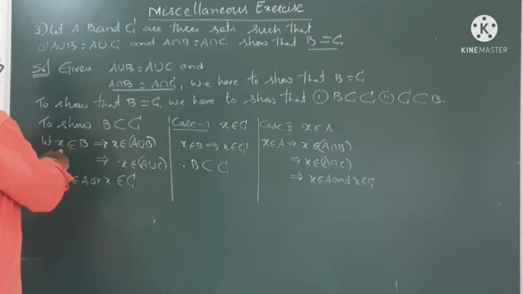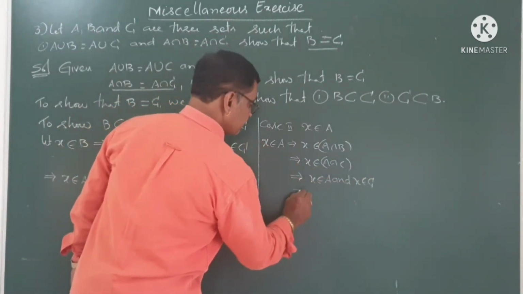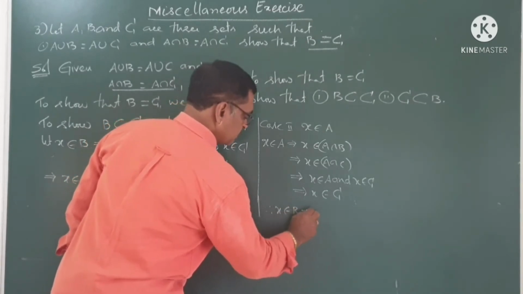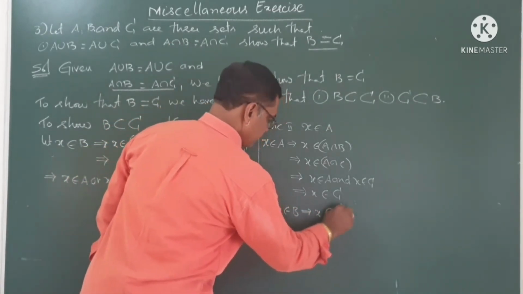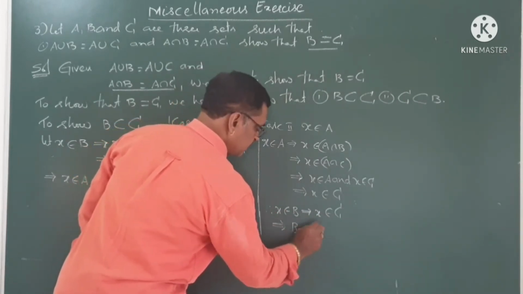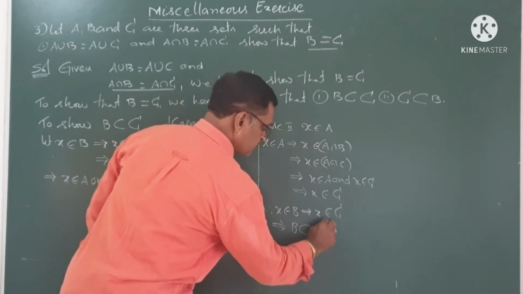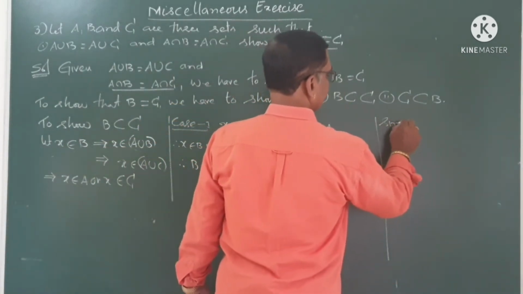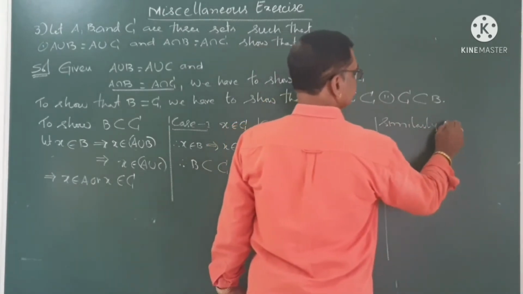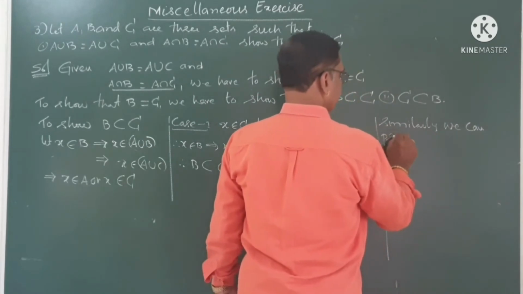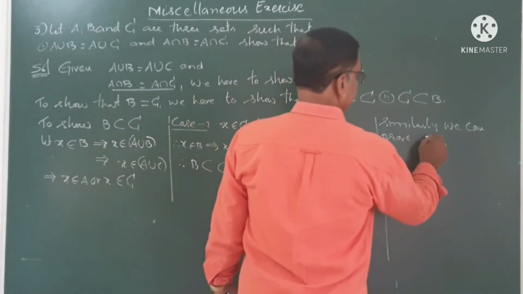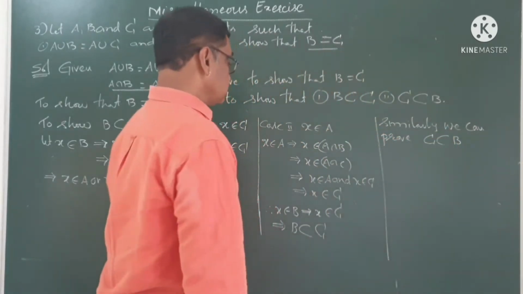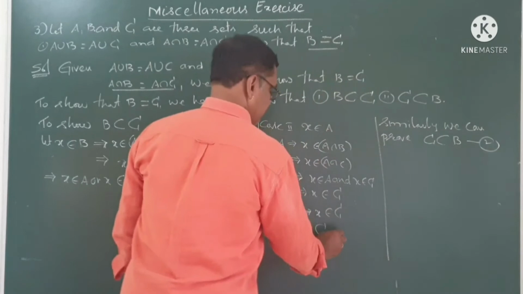My conclusion here: I started with x belongs to B, and ended with x belongs to C. Therefore, x belongs to B implies x belongs to C. This implies B is a subset of C. Similarly, we can prove C is a subset of B. This is number 2 and this is number 1.